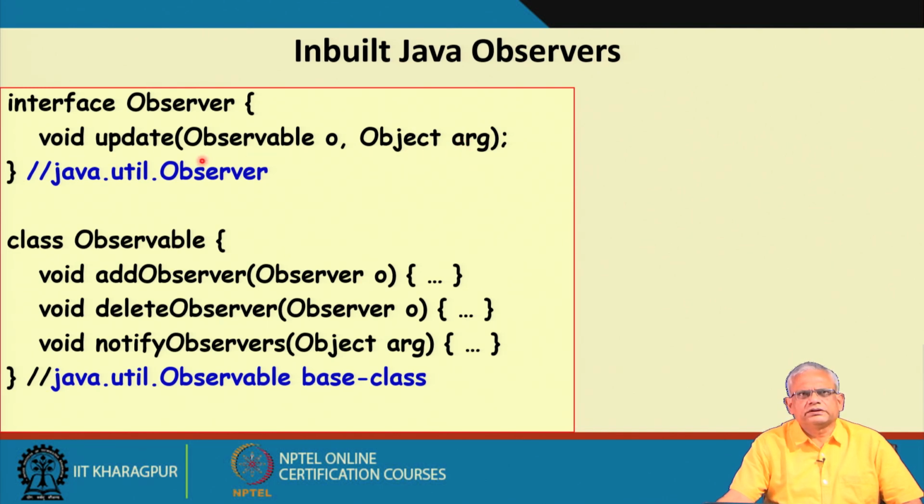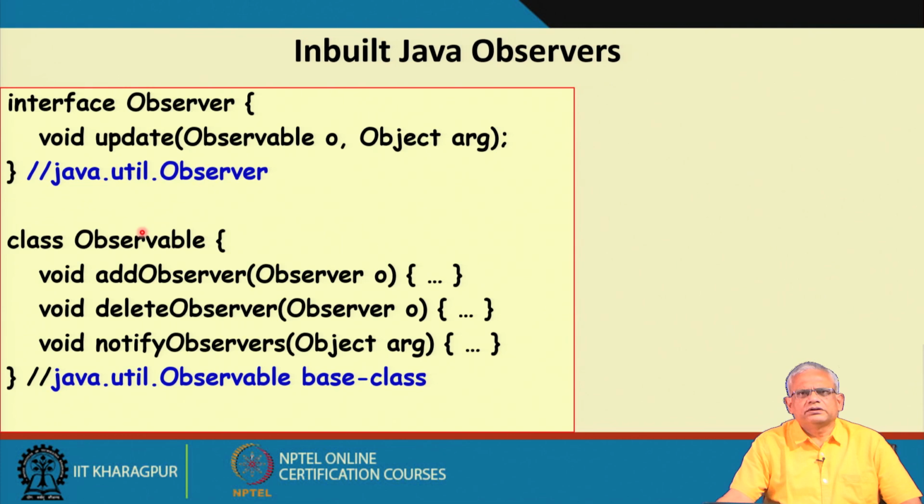Now, to answer the question of why we need to pass the observable or the model ID, given that the observer is observing an observable or model: the observer might be observing many observables, many models, and therefore the update is called in the context of the observable identified by the observable ID here.